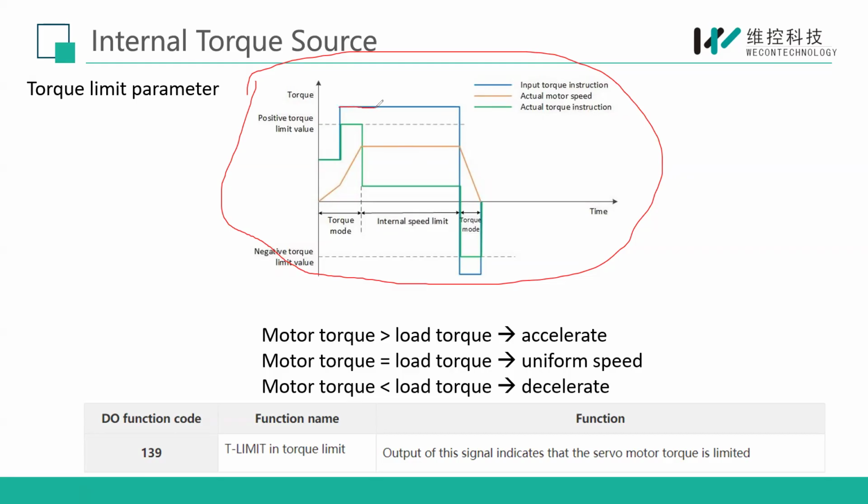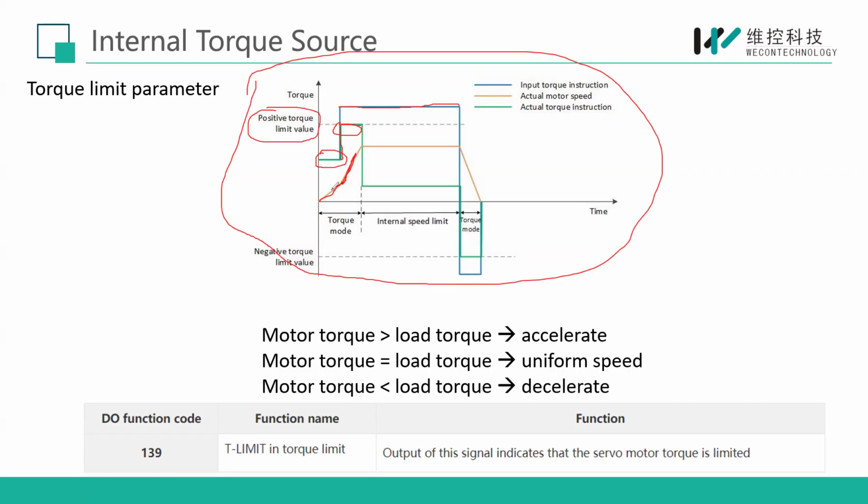So you can see this is the torque command we set, and from these points, the torque of the motor will begin to go up, achieve this positive torque limit and keep the torque here. This is the torque change, and for speed, first in this segment the speed will speed up, and in this segment the speed will also speed up.